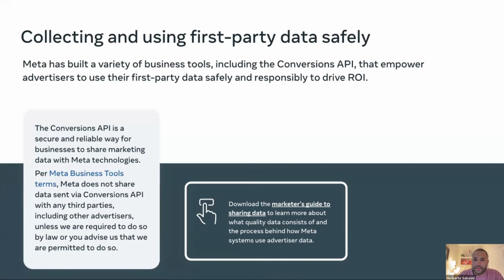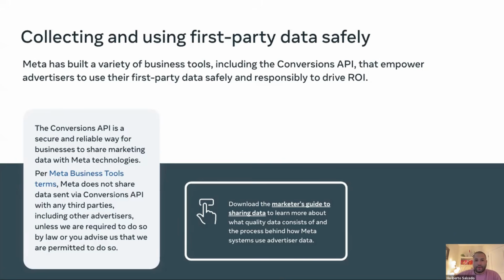And we do it in a safe and responsible way where we're not sharing any data that's sent via the Conversions API to any third parties, including other advertisers or businesses, unless we're required to by law, or that you yourself, the business, advise us or consent us or permit us to do so. But the Conversions API ultimately has been built to help businesses get better results at the end.